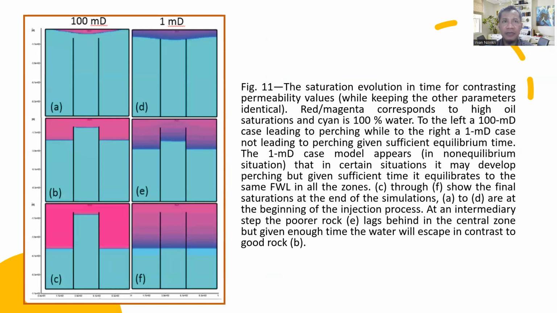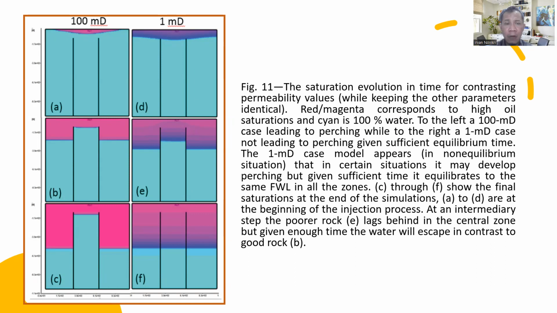The following figures try to illustrate the change in saturation over time for different permeability values in a simulation, where the left side represents a case of permeability 100 millidarcy that leads to perching, while the right side represents a case with a permeability as low as 1 millidarcy that doesn't lead to perching given sufficient equilibrium time.